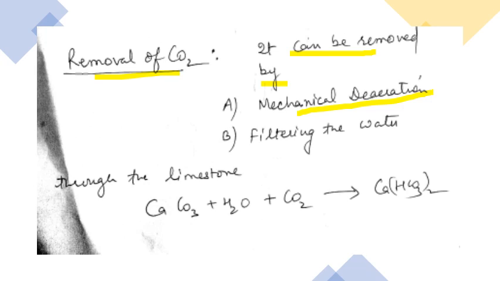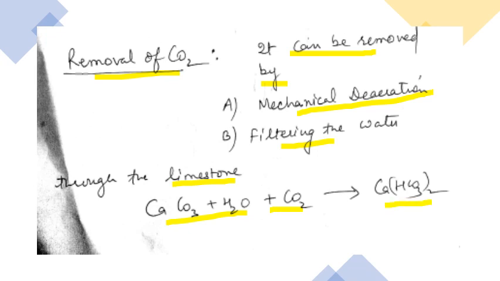The next method for the removal of CO2 is filtering the water through limestone. The reaction happens: limestone, calcium carbonate, reacts with the carbon dioxide and water to form calcium bicarbonate.